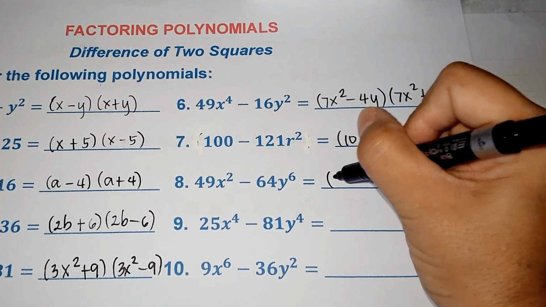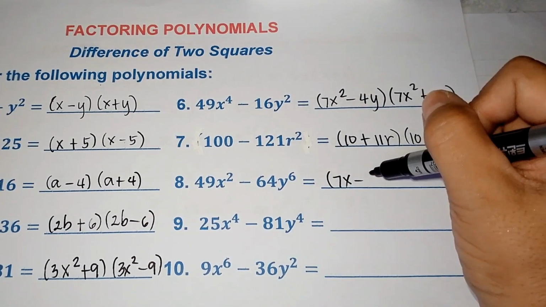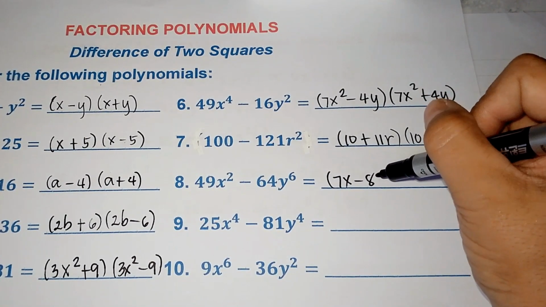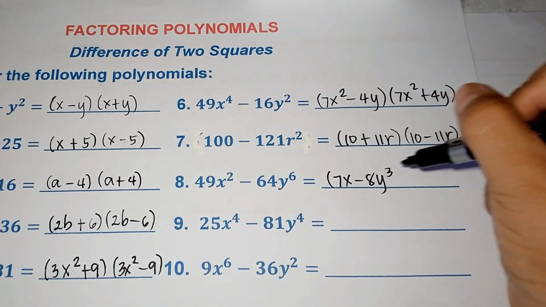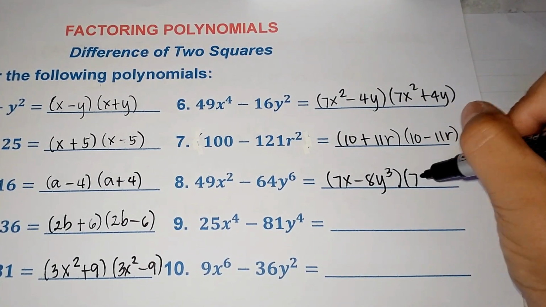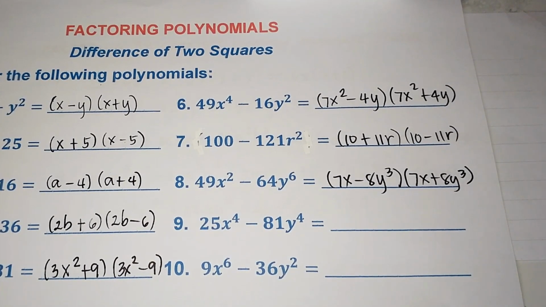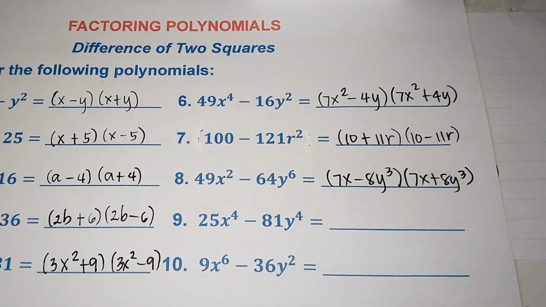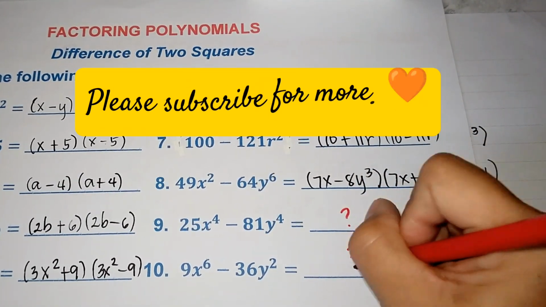That will be 7x minus the square root of 64, which is 8, and then y. 6 divided by 2 is 3. So 8y cubed. Then just copy this. This time you have plus 8y cubed. Okay, again, please answer number 9 and number 10.